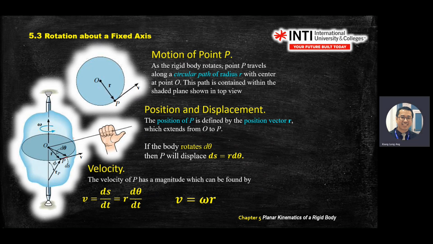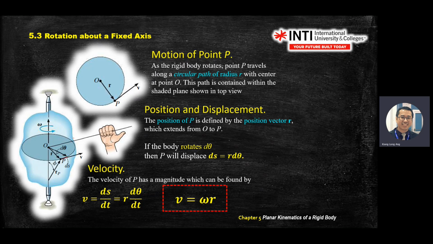Again, this is a very popular equation: v equal to omega r. From chapter 5 onward, you will always need to use this one to find v. So in other words, how do you know you are looking at a chapter 5 or rigid body question? You will no longer see velocity in the question.